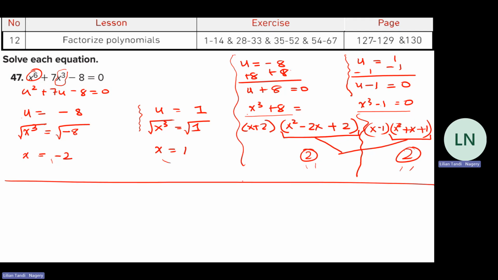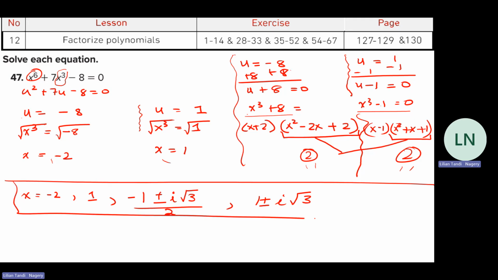So your answer should be x equals -2, x equals 1, and then negative 1 plus or minus i root 3 over 2, and 1 plus or minus i root 3 over 2. So here are your 6 roots.